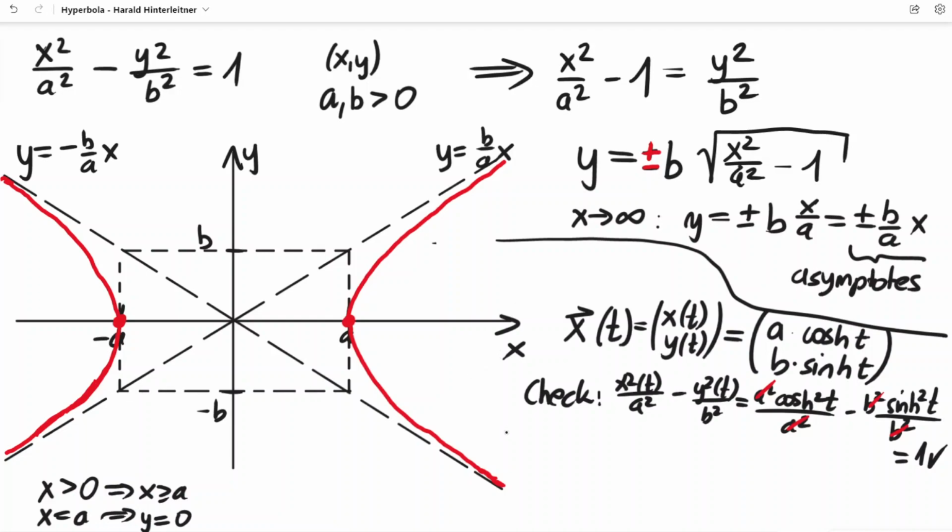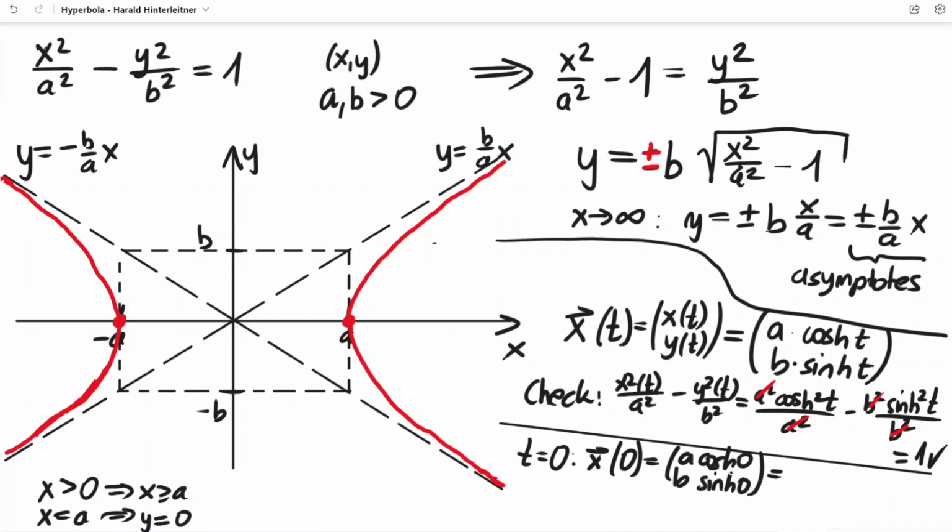What else can we do? We can look at the parameter range more closely. We have not talked about this. So first of all, where is the starting point? If the parameter is 0, we plug into the parametric equation.